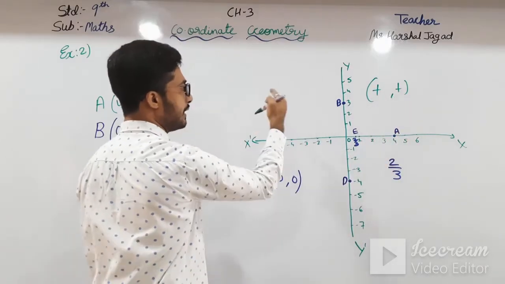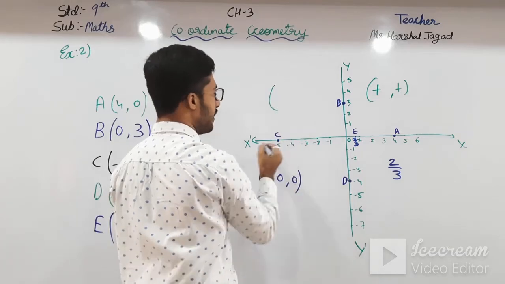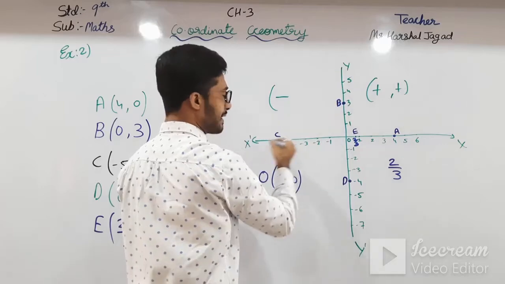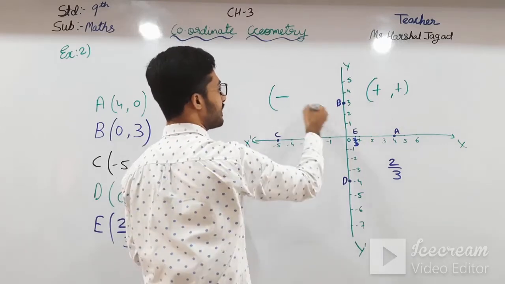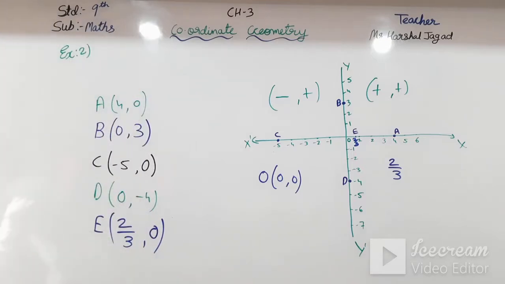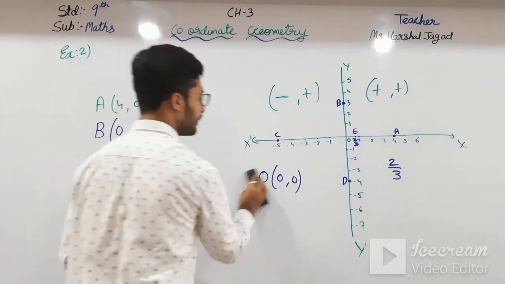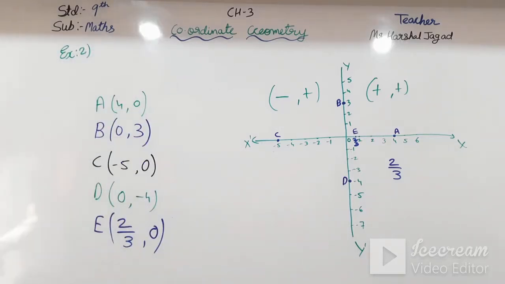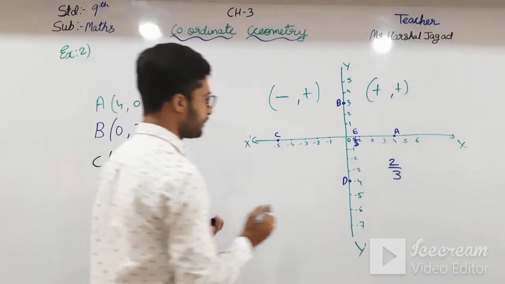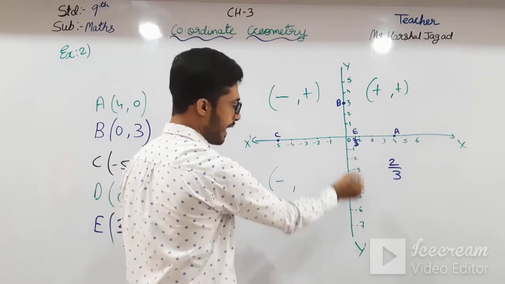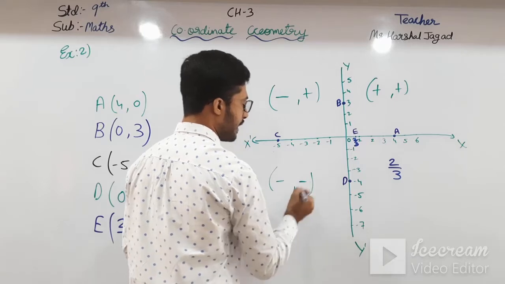Moving towards the second quadrant, in that the x axis is negative and the y axis is positive. Okay students, moving towards our third quadrant, here the x axis is negative and the y axis is also negative.